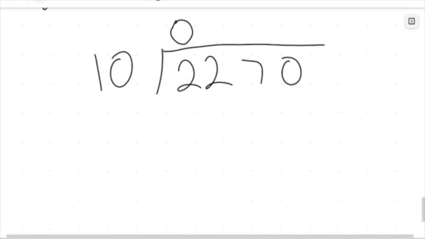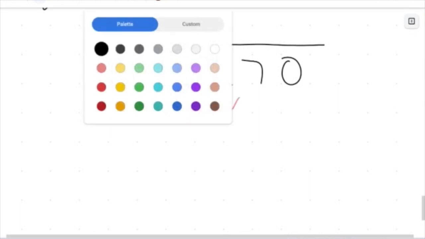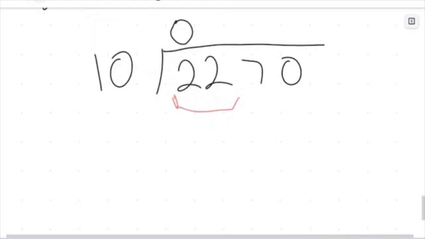How many times does 10 go into 22? So now we're looking at, goes into it 0 times with a remainder of 2. So now we're just looking at how many times it goes into 22. That's going to be 2 times, right? With a remainder of 2. Now we want to see how many times does 10 go into 27.